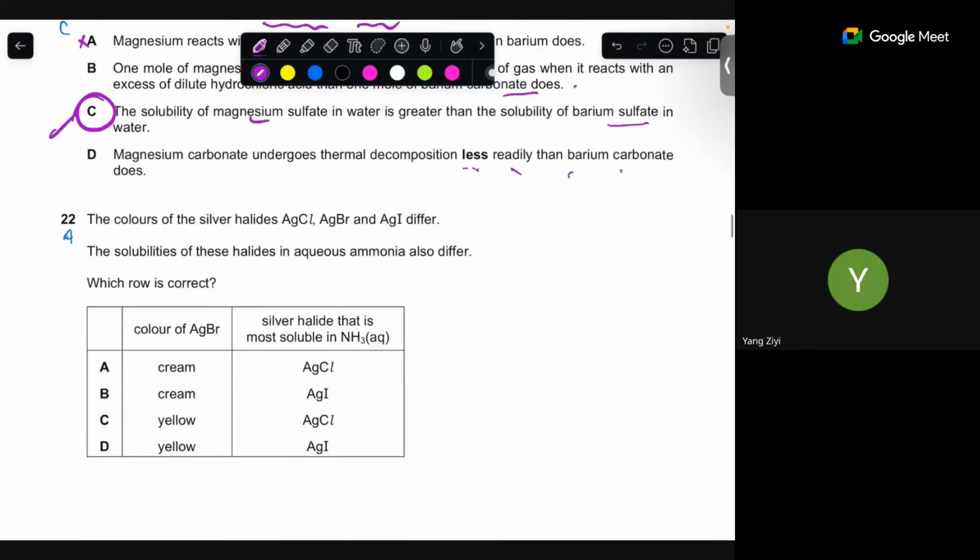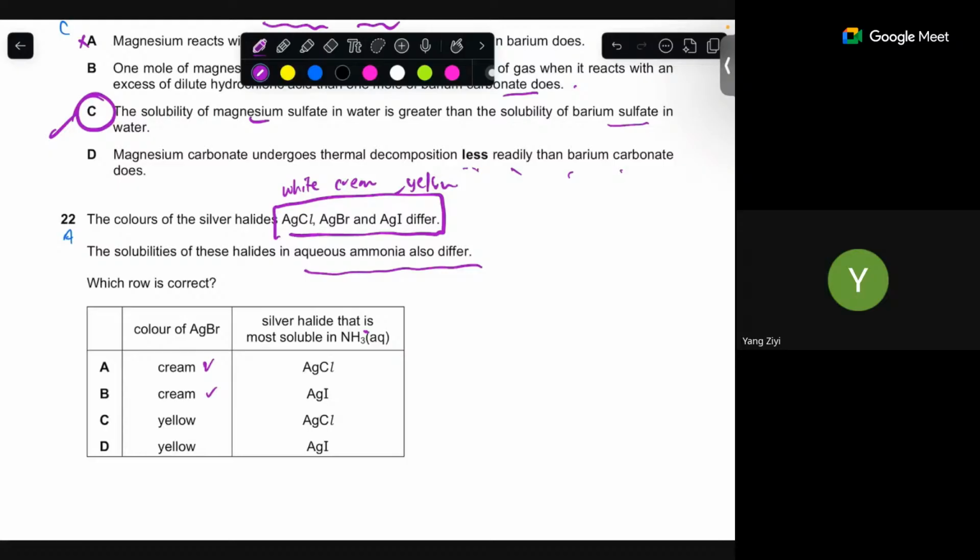Let's move on. This is a very common question that we need to focus on. The solubilities of these halides in aqueous ammonia also differ. So which one is correct? Silver bromide. Do remember, white, cream, yellow. So now they're talking about cream, the silver halide that is most soluble in NH3.